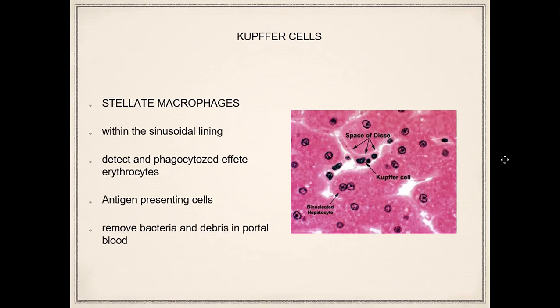Their function is to detect and phagocytize defective, ineffective or old erythrocytes. They are also antigen presenting cells, like your M cells in the intestine. They remove bacteria and debris in portal blood.